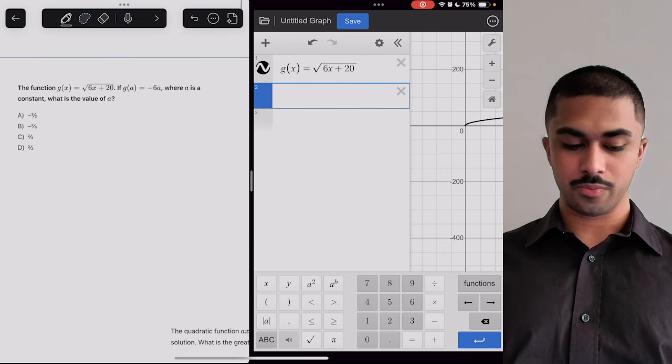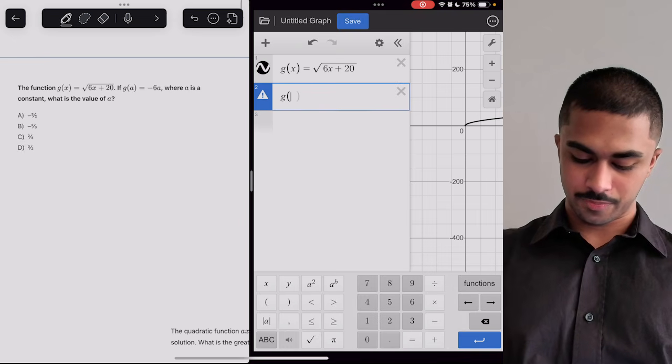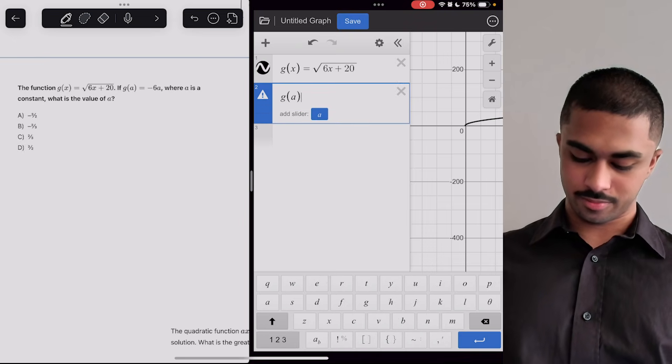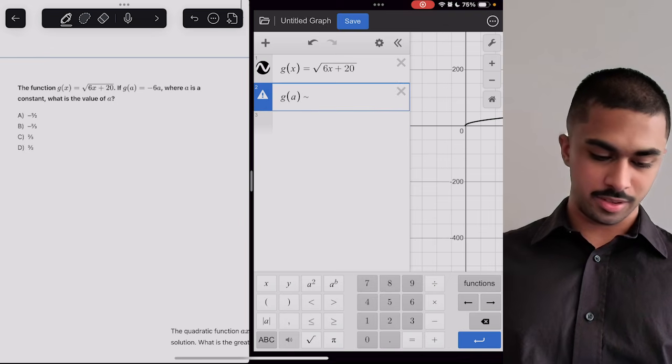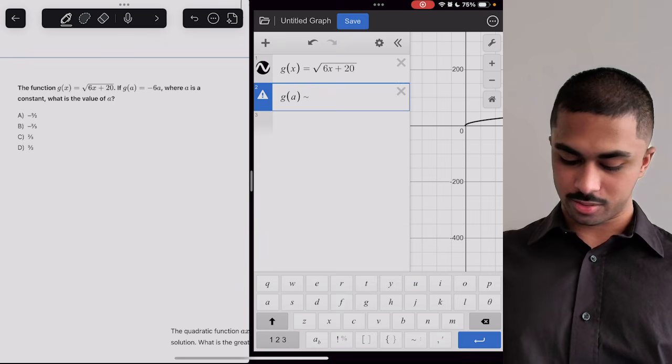Here's what we want to do. This is really simple. This is the fastest way to do it. Or I guess this is the easiest way to do it. The fastest way would be, if you're really good at math by hand, I guess you could do it by hand.